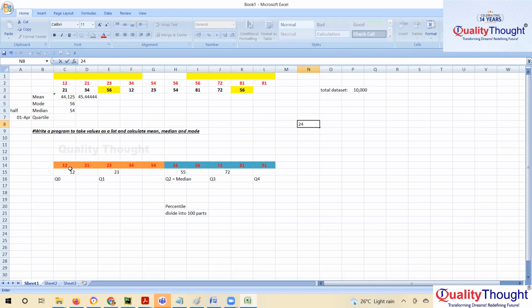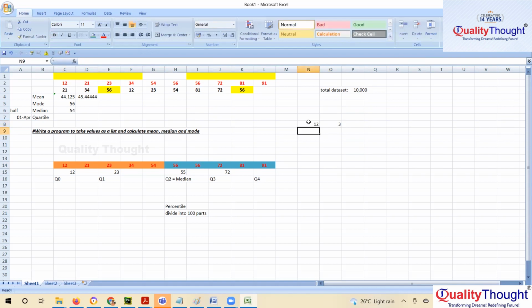So when you have 10 data points, how many values will be in each quartile? 2.5. But you can't have 2.5, so somewhere you have 2, somewhere you have 3. So 2, 3, 3, 2, kind of. If you have 12 data points, each quarter will have 3, 3.